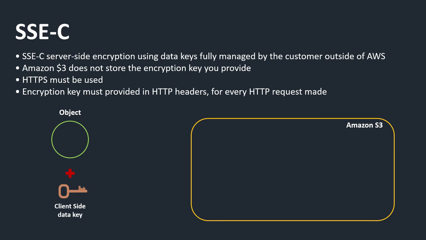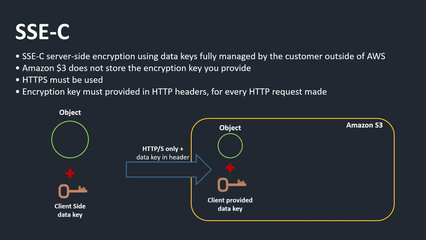So we have the object and we want to have it encrypted in Amazon S3. But we want to provide the client-side data key ourselves to perform the encryption. So we send both of these things over HTTPS. It's an encrypted connection between you, the client, and Amazon S3, and the data key is in the header.